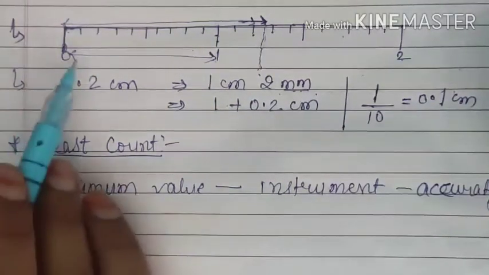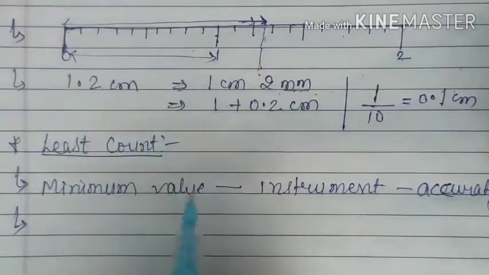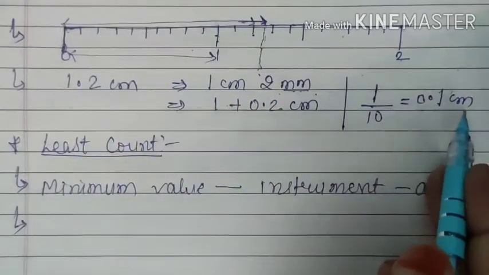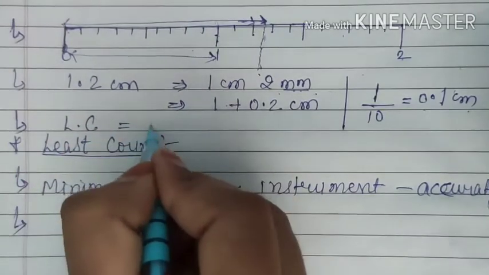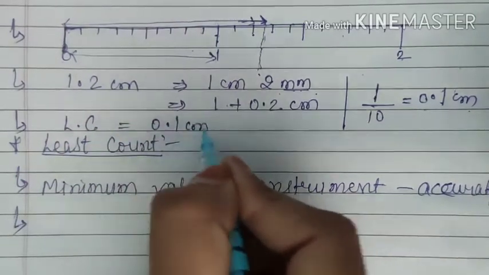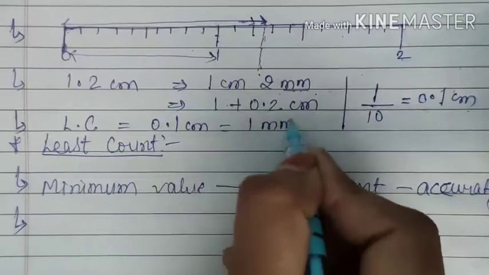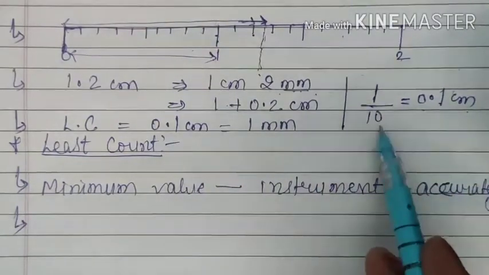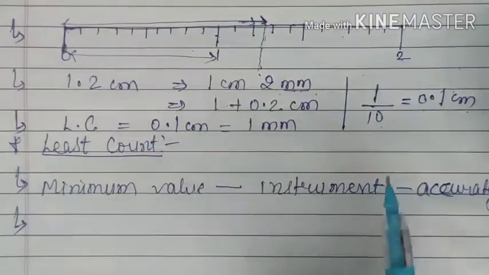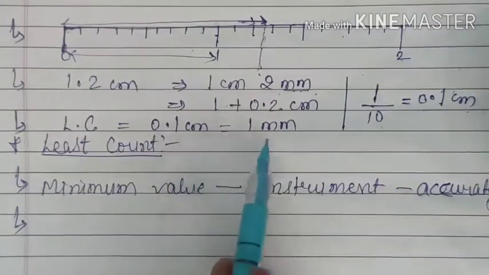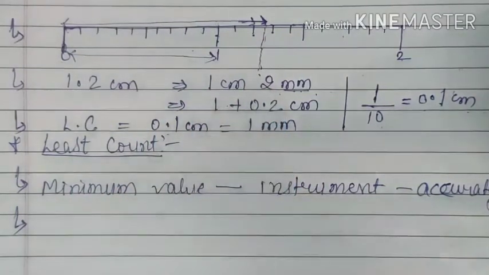That means this centimeter scale has a least count of 0.1 centimeter, and that is equal to 1 millimeter also, because we know that 1 upon 10, that means 0.1 centimeter, is equal to 1 millimeter. Okay, so that means the least count of this scale is this one.